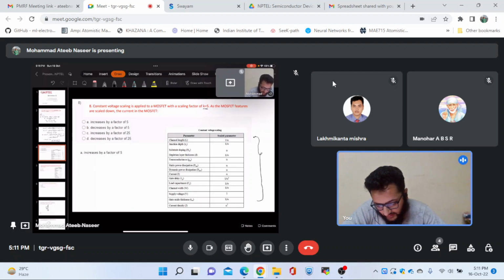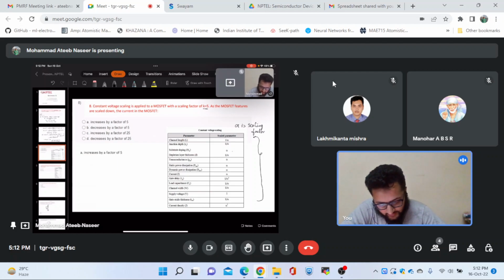And it says that when we have this constant voltage scaling, what happens to the parameters? Like the channel length will be scaled by 1 by k. In here, this alpha is the scaling factor. So this channel length will be scaled by 1 by alpha. So we will be decreasing the channel length by this much amount. Substrate doping will need to be increased. That's what it is written over here.